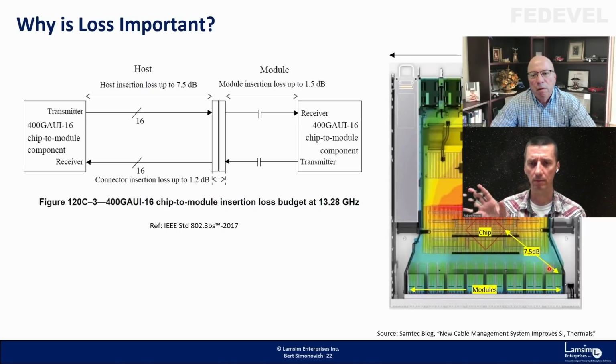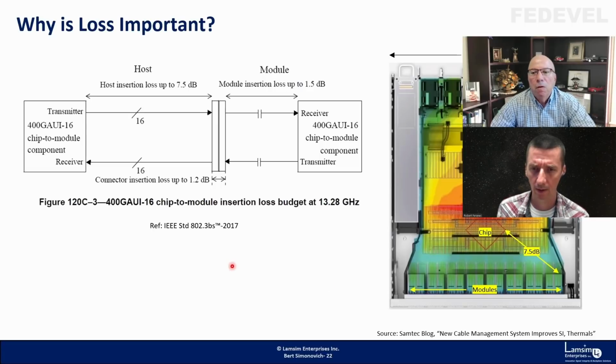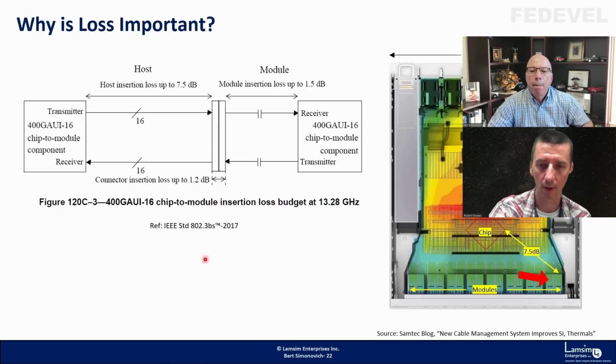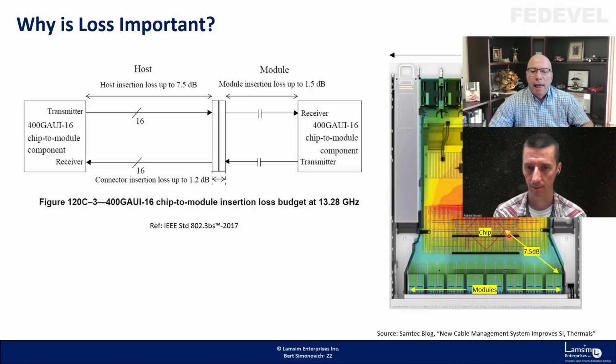Just a small technical question: there is the module, and then there is the chip, which is far away from the module. Yeah. And you need to connect the module with the chip. Yep, exactly. And the budget that you have is 7.5 dB, right?